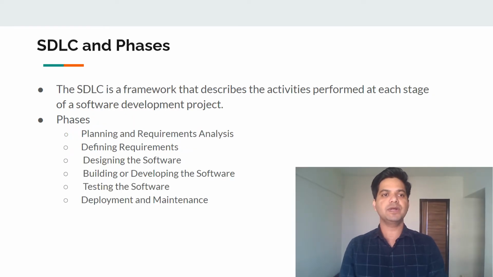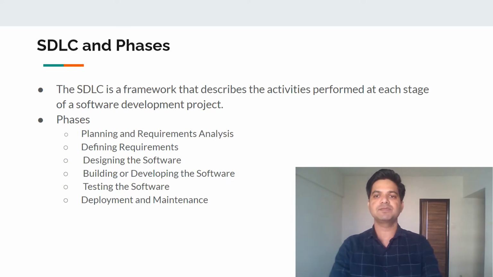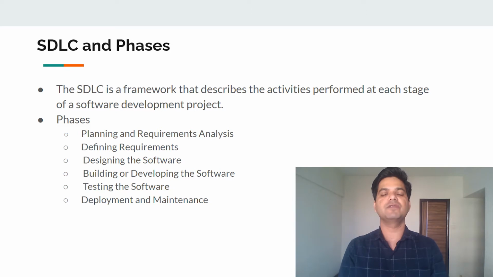Moving to the next point about SDLC and its phases. So SDLC is a framework that describes the activities performed at each stage of a software development project. It is very important that whenever we are doing any project or any activity, we think about some framework or structure. If it is in front of us, then it is very easy to achieve the task in a better fashion, what we wanted to achieve or complete.